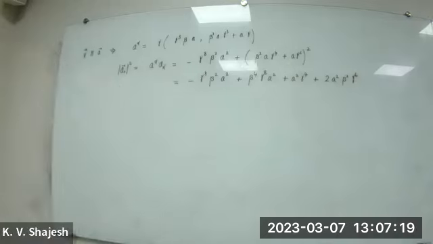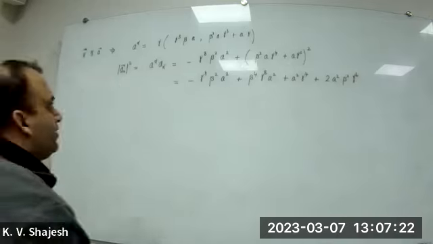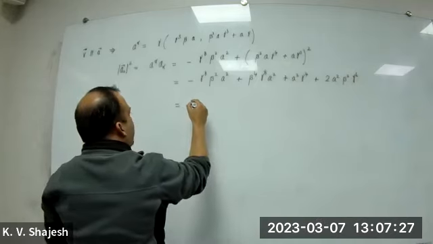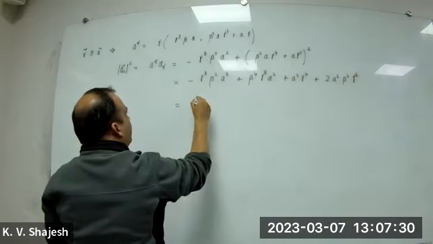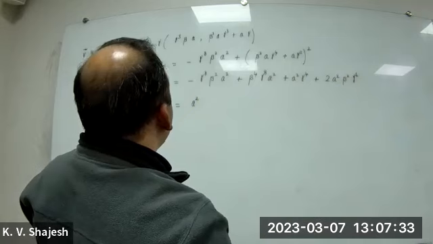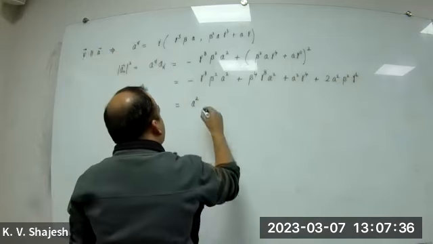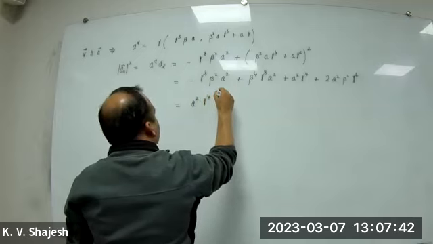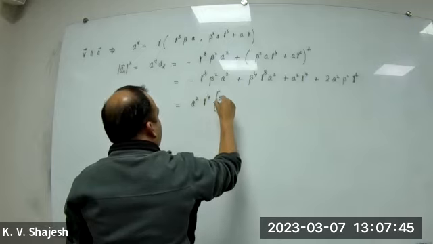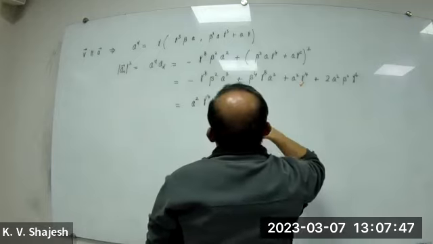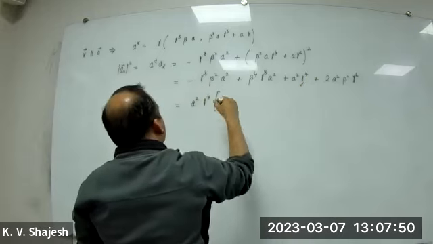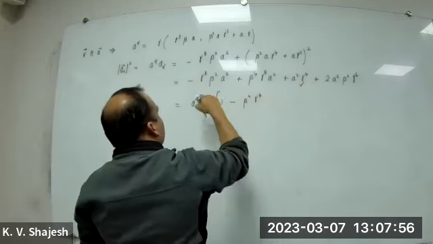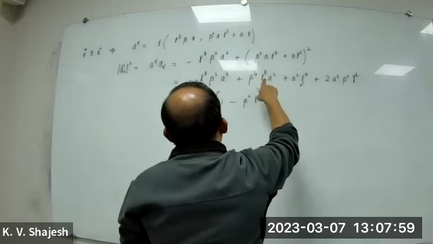Hopefully, I got all this right. Let's see. There is an A squared surely common in everything. And what's the minimum power I have? Gamma raised to 4, I suppose. Right. A squared and gamma raised to 4, that's common. That's 1. And this one, A squared gamma raised to 4 gone, so that's minus beta squared gamma raised to 4.